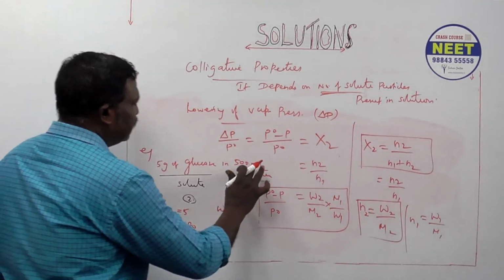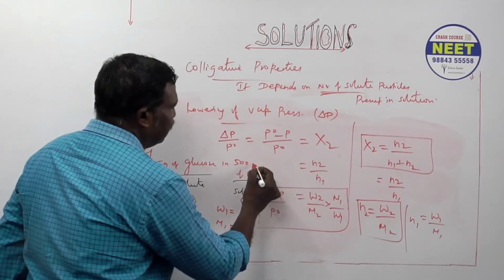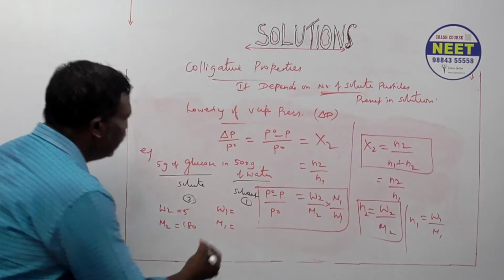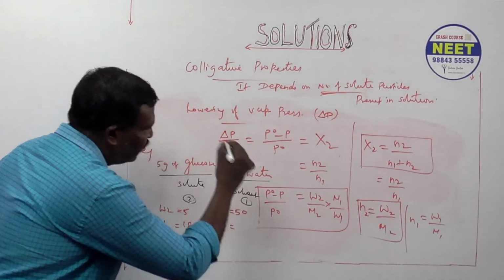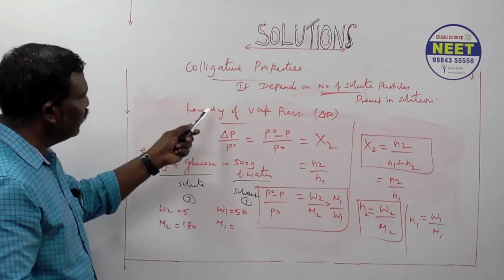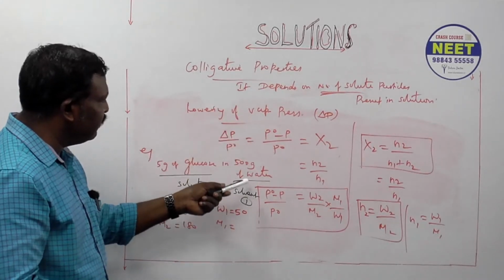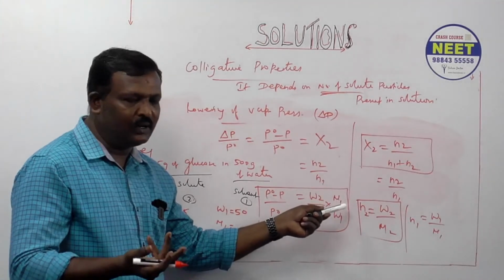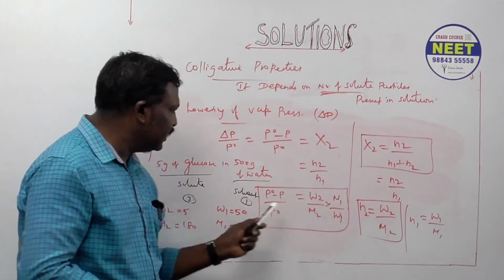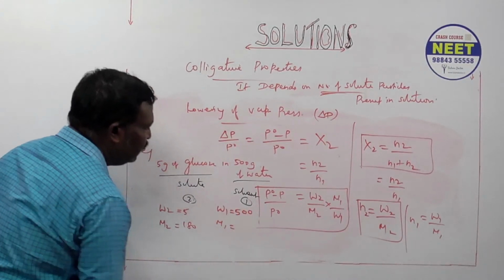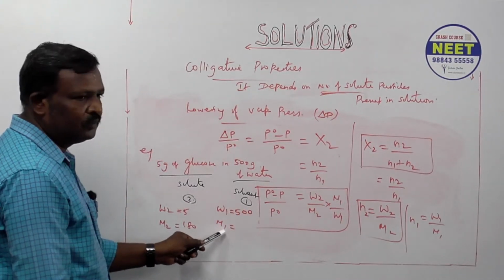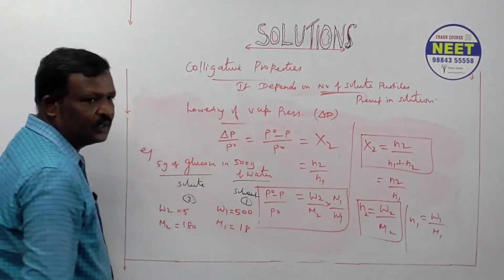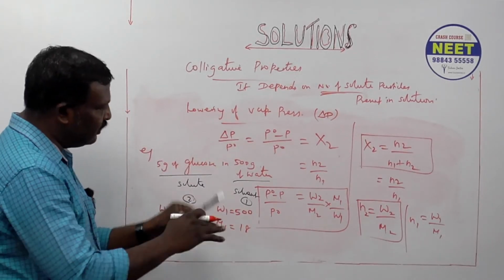So I put gram, 500. Mostly in colligative properties, in lowering of vapor pressure, the solvent is measured in gram only. They will give it because W1 is coming, no volume term. 500 gram. M1 is 18. Then it will be cancelled. That kind of sums only they will give.